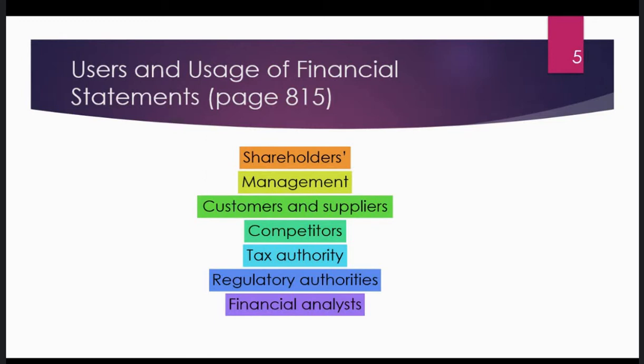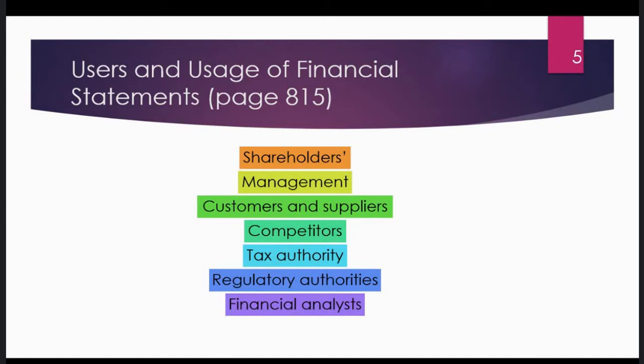And then competitors use the financial statement to make comparison, to analyze their performance and compare it with other institutions in the same industry. The tax authority: you know that tax is the primary source of income for almost all countries to fund their various government expenditure.